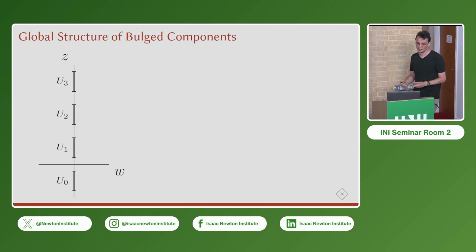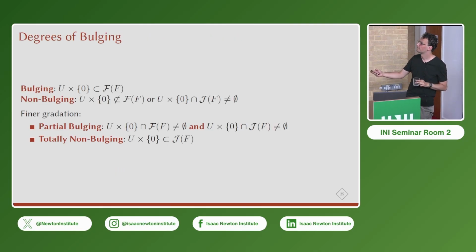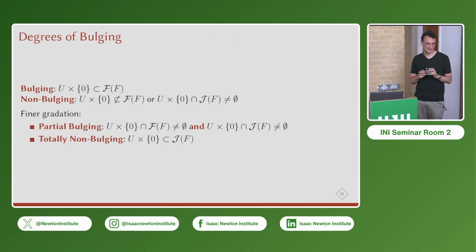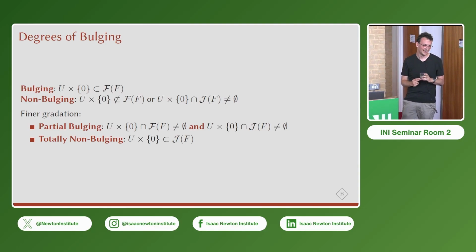And then the last thing I want to talk about. Sorry, just to go back to the previous slide, so there exists, I called it when I wrote down my question, nowhere bulging, but totally non-bulging is also a good name. Yeah, there exist totally non-bulging examples, but they are presumably transcendental.